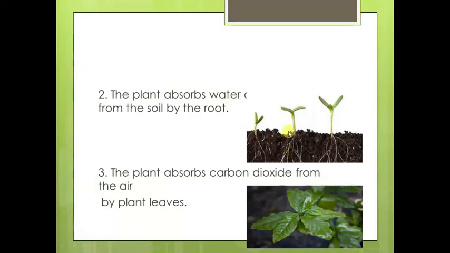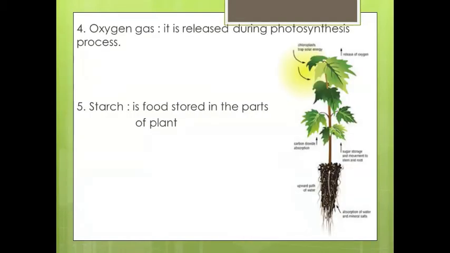This white part is called the root. Number 3, the plants absorb carbon dioxide from the air by the plant leaves. By this plant leaf, or by these green parts of the plant, it absorbs carbon dioxide.